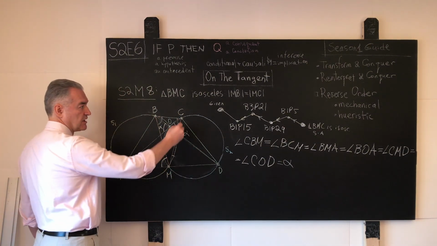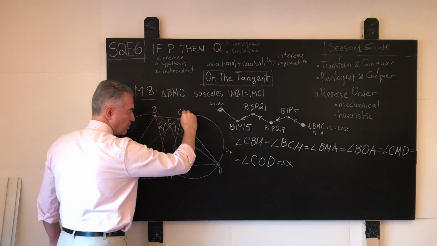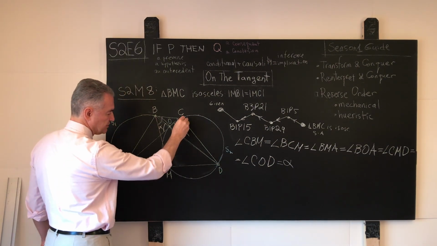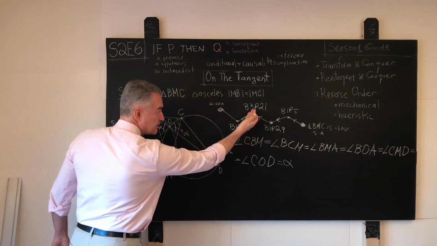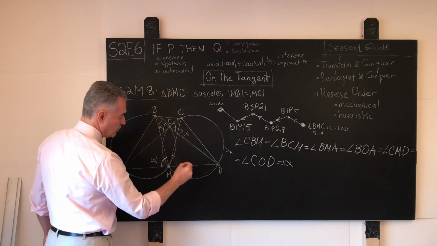You will say that since the angle COD subtends the arc CD, which is also subtended by the angle CMD, by the same Book 3, Proposition 21, the magnitudes of these angles equal one another.